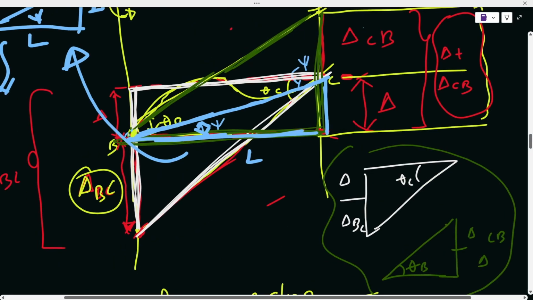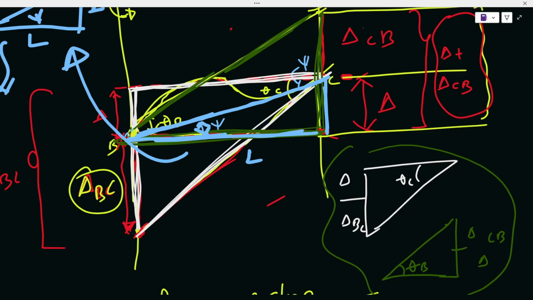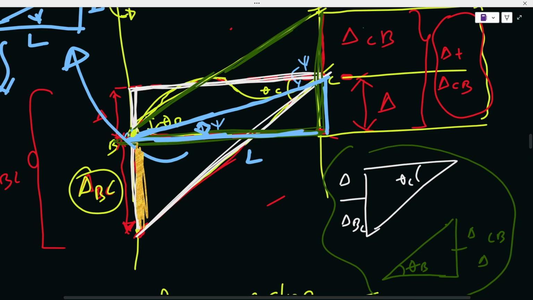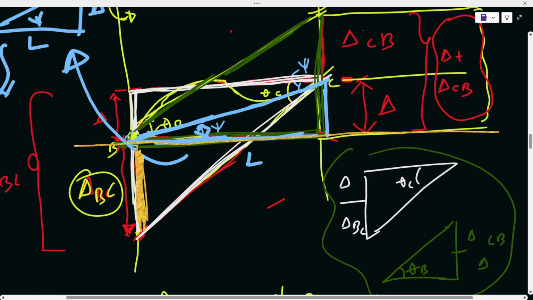Okay, this is the main one. Now, delta BC of the main one was below the undeformed axis.